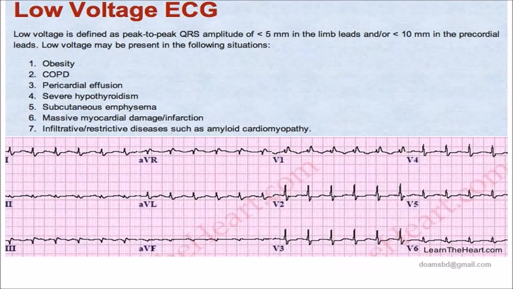Why low? What is the measurement, in millimeters, the squares? The QRS complex is small. Small means, give the measurement. Below 10 mm in the precordial leads, chest leads, and below 5 in the limb leads.